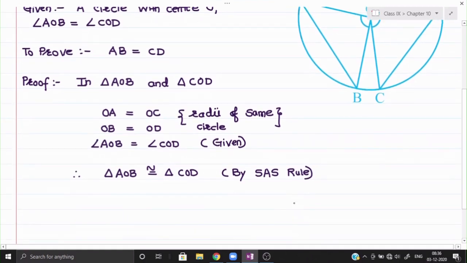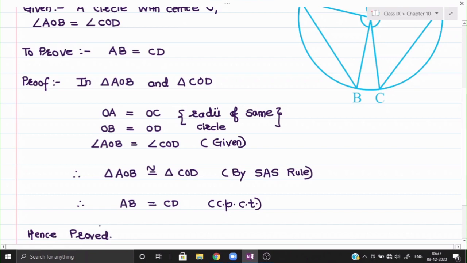Now if these two triangles are congruent, we can say that therefore chord AB and chord CD are equal with the help of CPC. Okay, as we know that if two triangles are congruent, definitely the corresponding parts will be equal, and AB and CD are one of the corresponding parts. So see how easily we have proved the first two theorems.